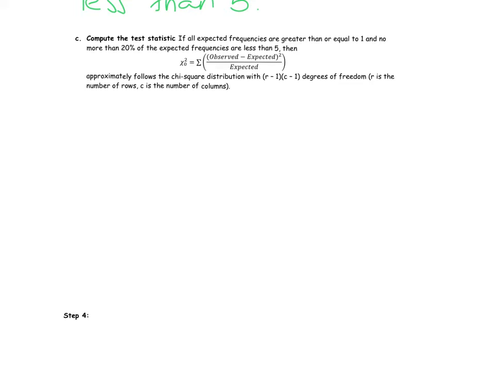And this test statistic, again, like section 12.1, is on our chi-squared distribution. And our degrees of freedom is the number of rows minus 1 times the number of columns minus 1. So in our situation, we had 3 rows, 3 columns. So 3 minus 1 times 3 minus 1. 2 times 2 is 4 degrees of freedom.